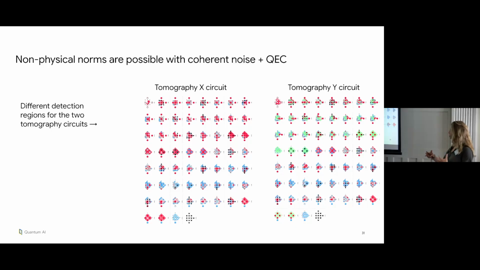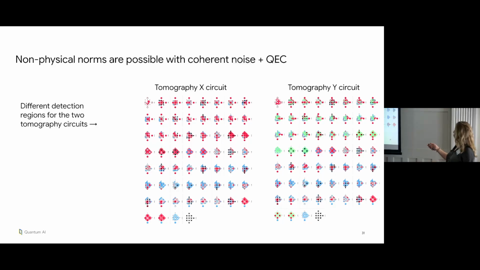And so if you have coherent noise, maybe if you are running an X circuit where you measure the X stabilizers in the end, it filters for some kind of strength of the coherent noise in the Z direction. But then if you run a circuit where you measure the Z stabilizers in the end, then maybe it filters differently for this coherent noise. And this leads to two different states, actually, as a function of which tomography axis you're measuring. So you get this kind of inconsistency in logical state tomography when you use quantum error correction or post-selection.